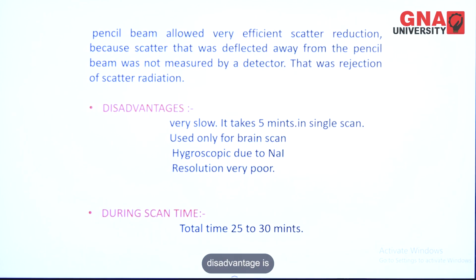Then the next disadvantage is that the resolution of this particular generation was very poor. The total scan time of the first generation CT was very long, about 25 to 30 minutes. This again is a reason that the first generation CT was only confined to brain scans.